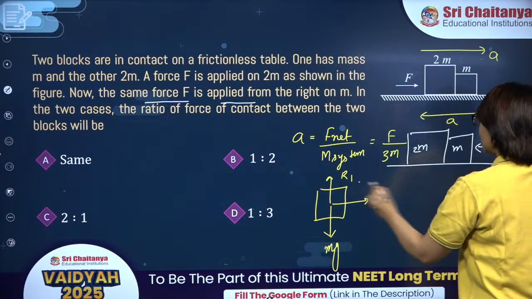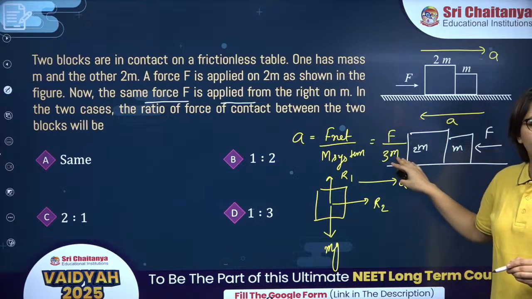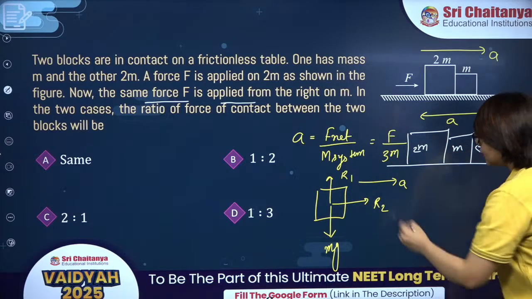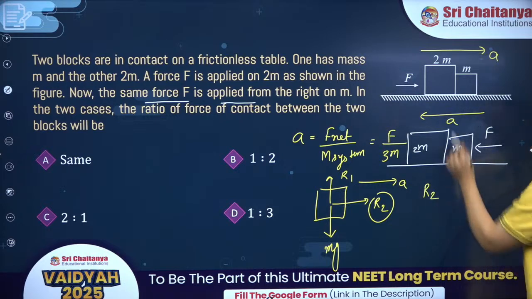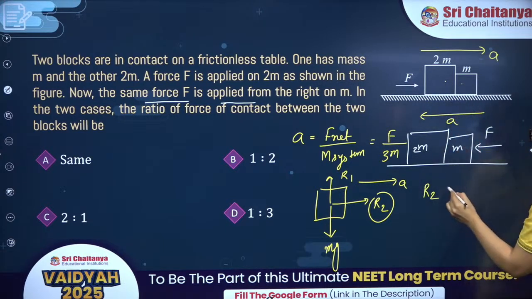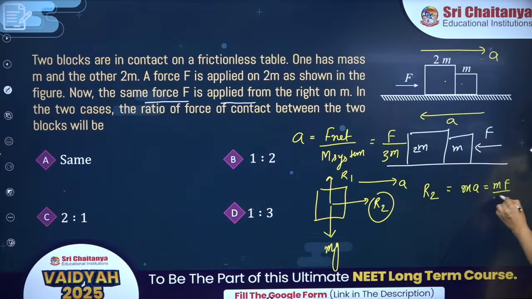Now acceleration of the block is F upon 3m. So for this small m, the net force in the direction of acceleration is the normal reaction between 2m and m, which is R2, equal to ma. So it is m into F upon 3m, which is F by 3.